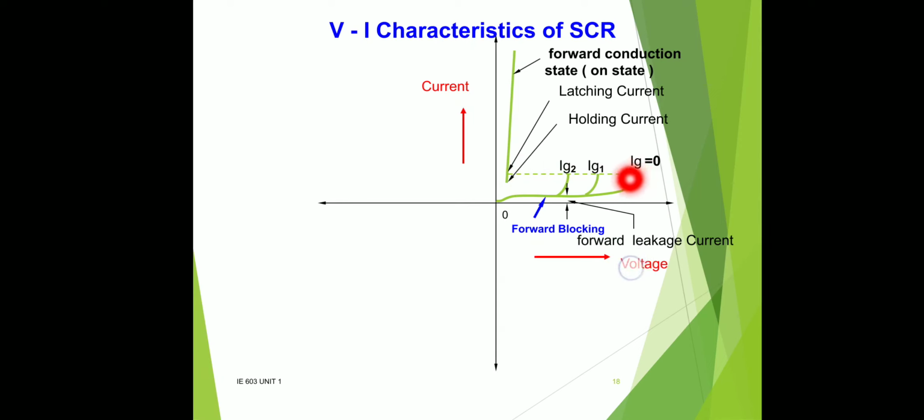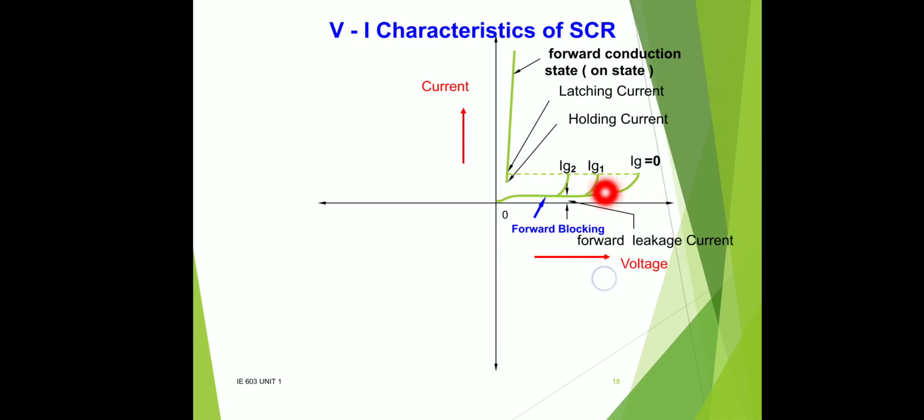Here there is a voltage called the forward breakover voltage. Whenever the anode to cathode voltage reaches this forward breakover voltage, SCR gets turned on and comes into conducting mode. This state is called forward conduction mode. This is the case when Ig is 0. Suppose when Ig is 0, the forward breakover voltage is VB0.